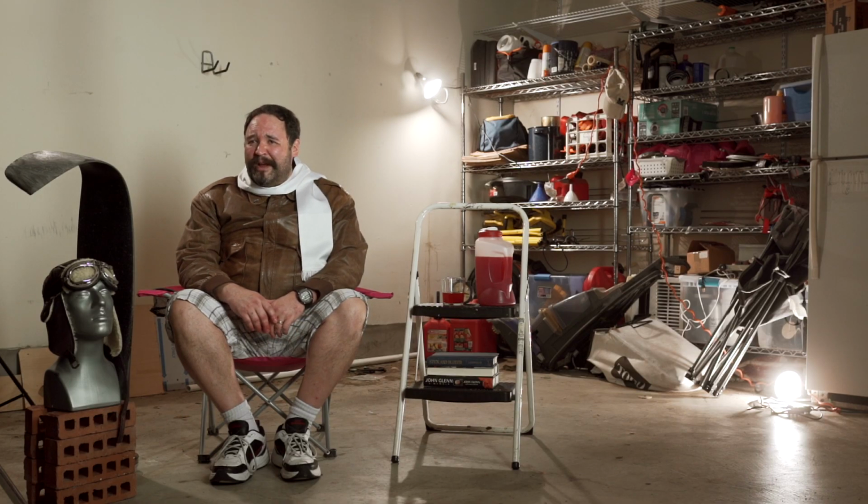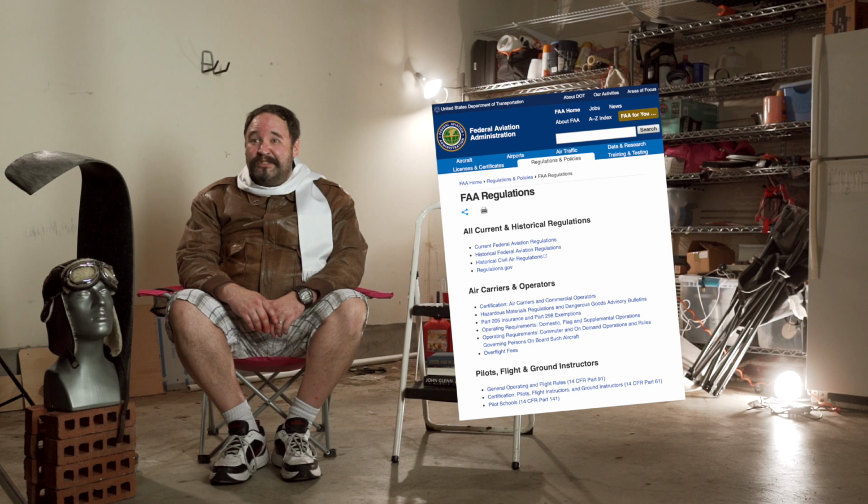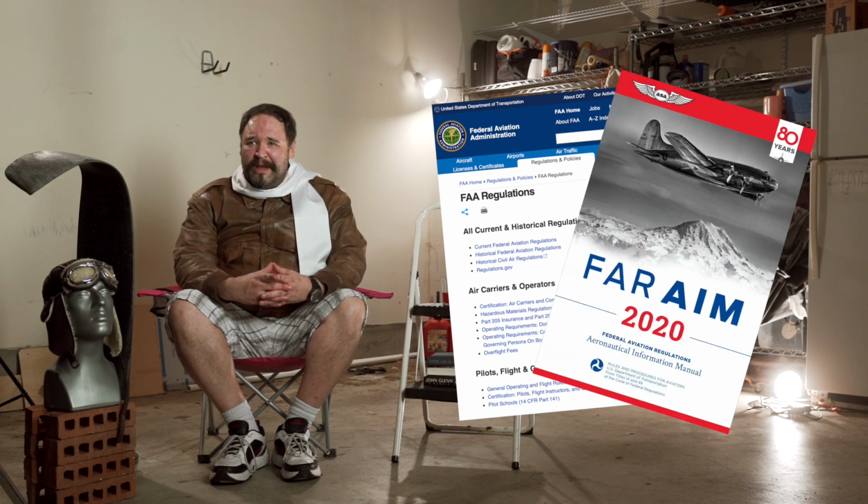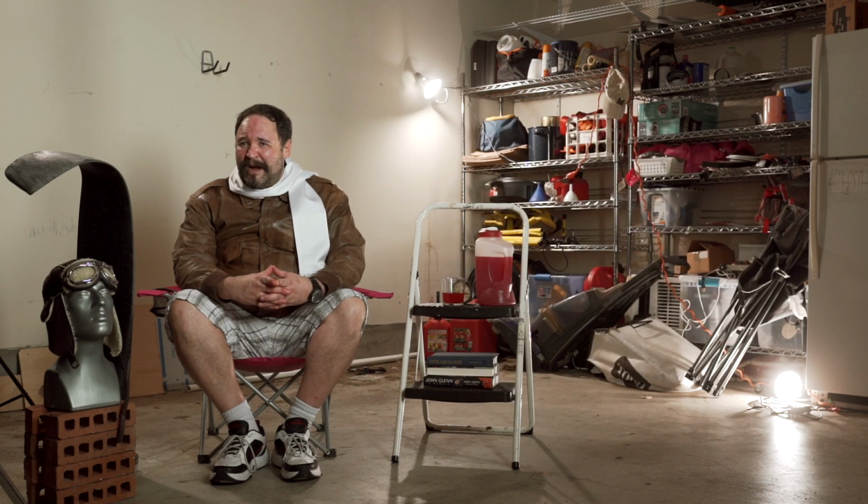At no point in federal aviation regulations or in the Aeronautical Information Manual does the FAA define known icing conditions. But you better know what it means anyway, because the FAA has taken enforcement actions against pilots for recklessly flying into known icing conditions. And they use that term in court.